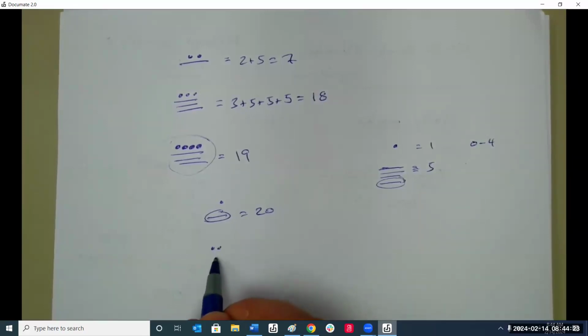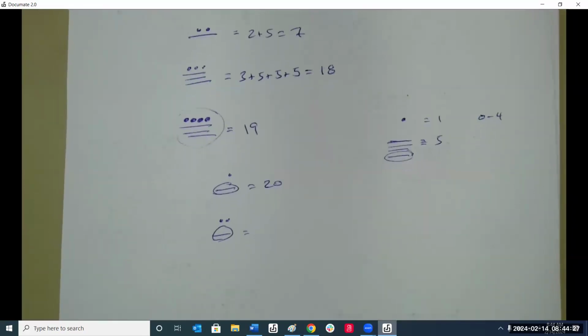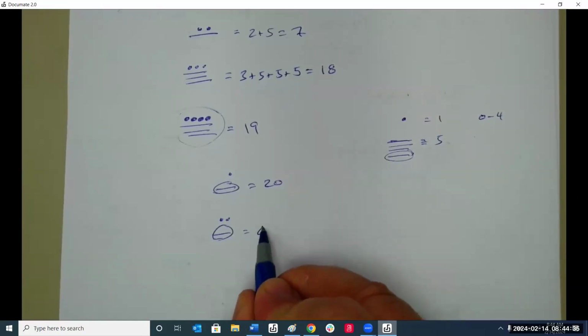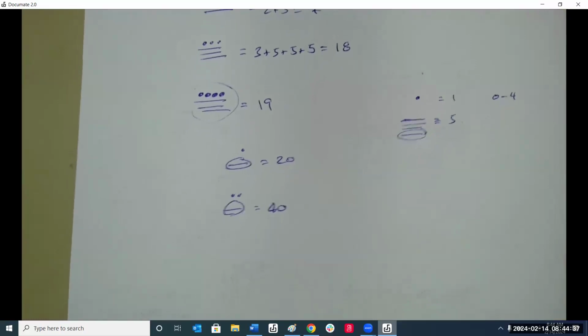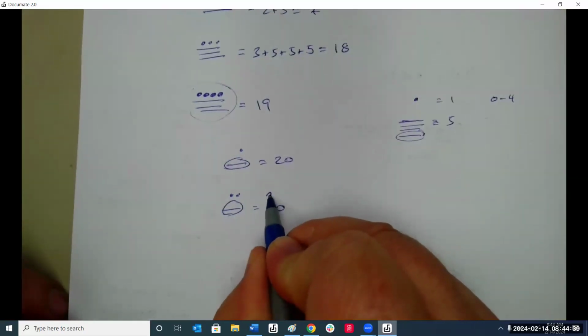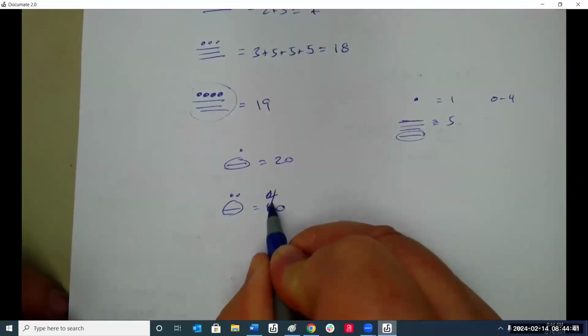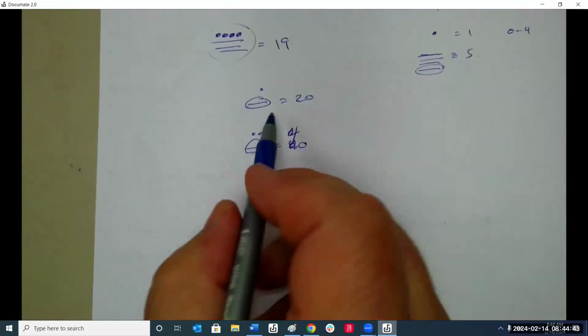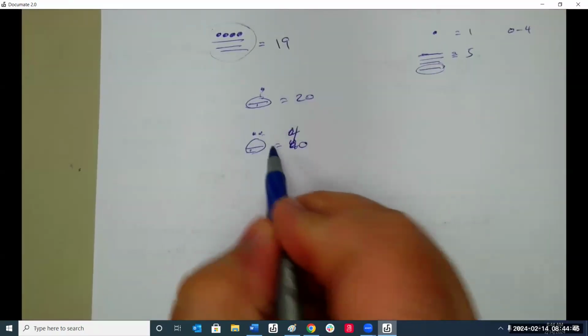What would that equal? No, 40. It'd be 30. It would be 40. Yeah, 40. Because it's 2 20s.